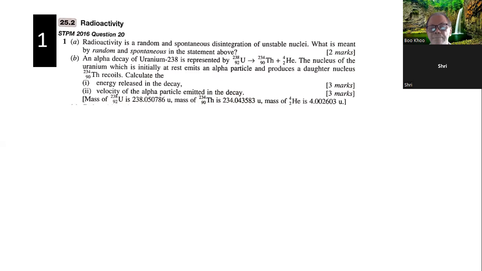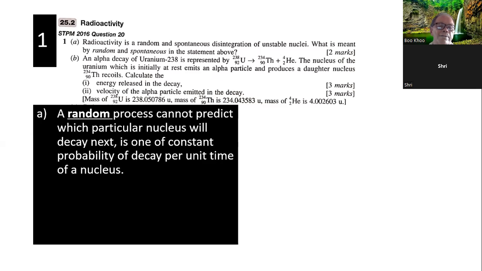A process is said to be random because every atom has an equal probability to decay. You cannot predict which particular nucleus will decay next. So it is one of constant probability of decay per unit time of a nucleus.